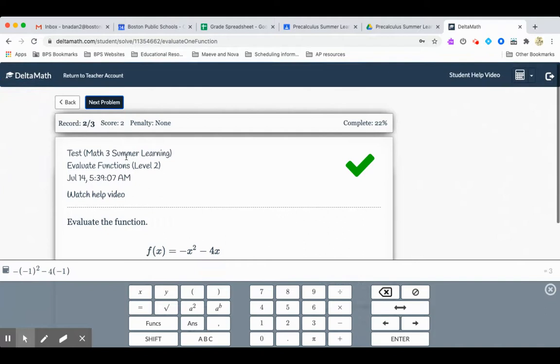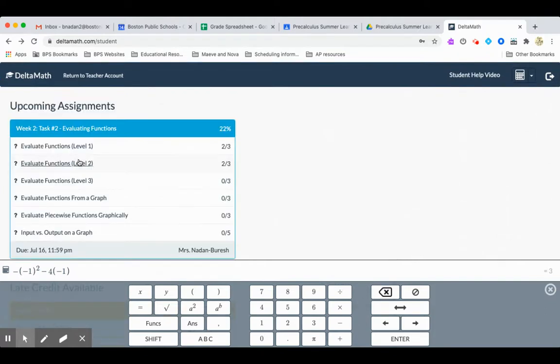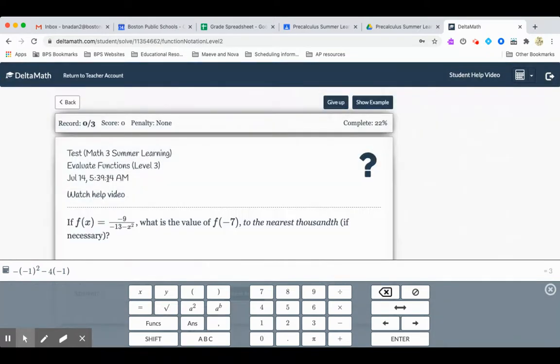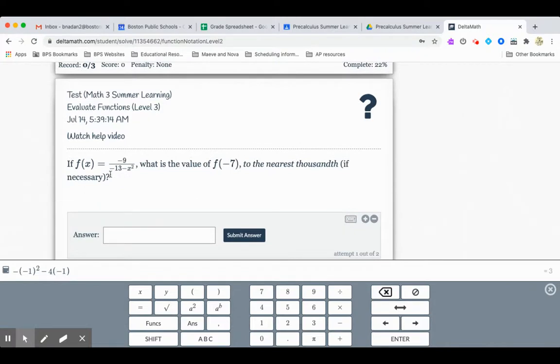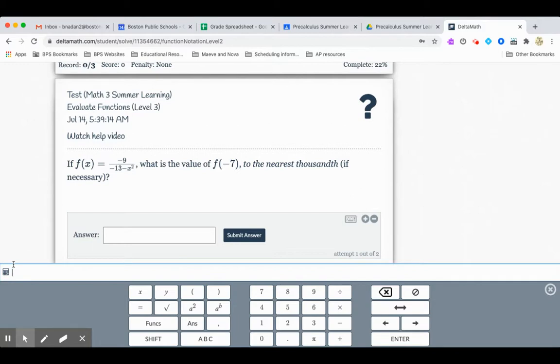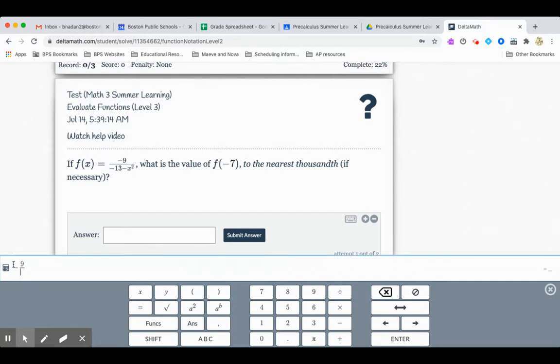Okay, let me just do the level 3, a couple of problems. Again, same thing, you just need to be careful, and the functions are looking even more crazy than this, all right? But again, we're still evaluating them, which means that we're just trying to figure out what they're equal to when you put a specific number from the domain into the function.